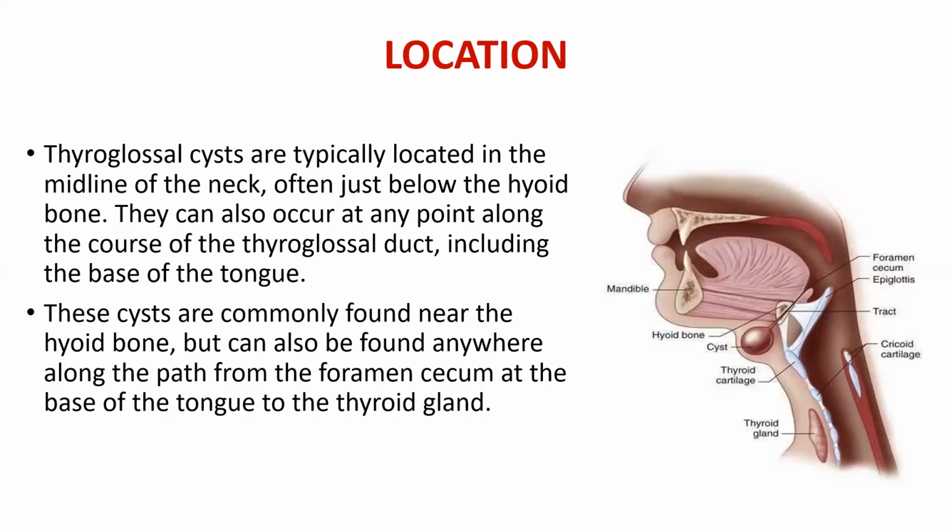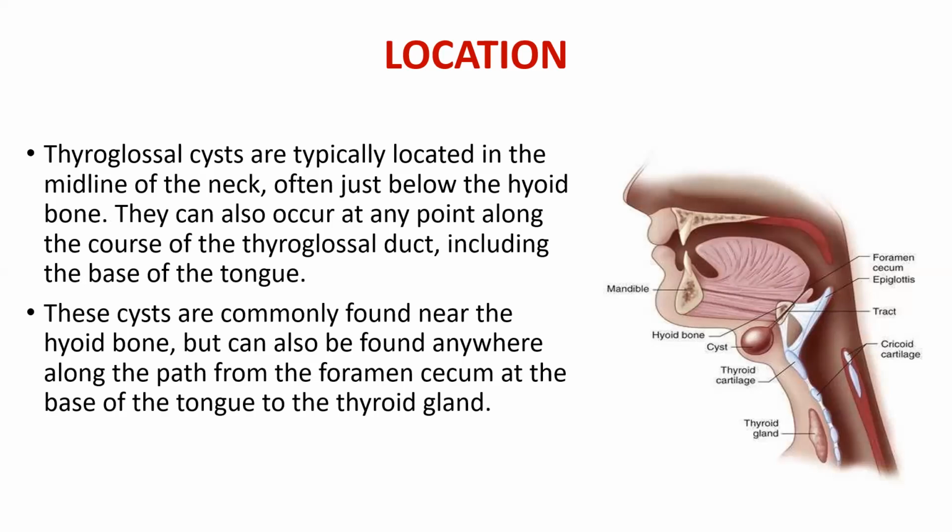So the thyroglossal cysts are typically located in the midline of the neck, often just below the hyoid bone. However, they can occur at any point along their course or the migration of the thyroid gland. So their exact locations may include the base of the tongue or any other position along that path of migration.